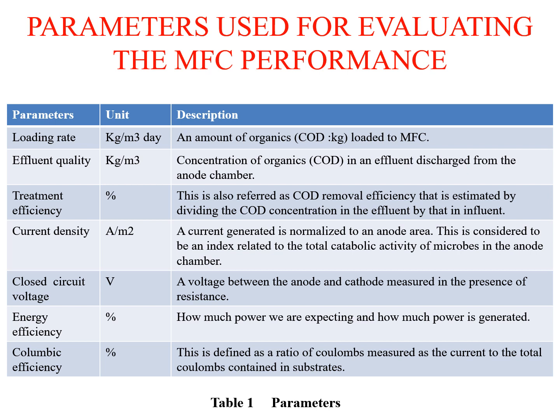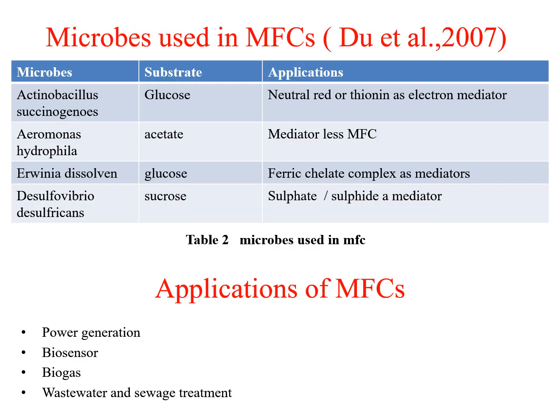Now the last one is Coulombic efficiency, which is also expressed as a percentage. This is defined as the ratio of the coulombs measured as the current to the total coulombs contained in the substrates.